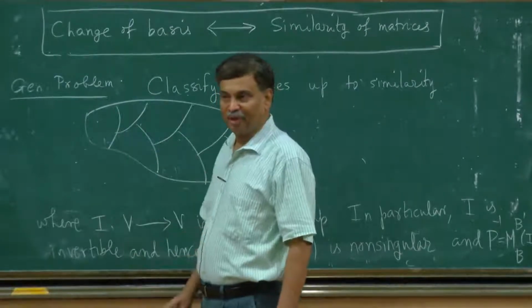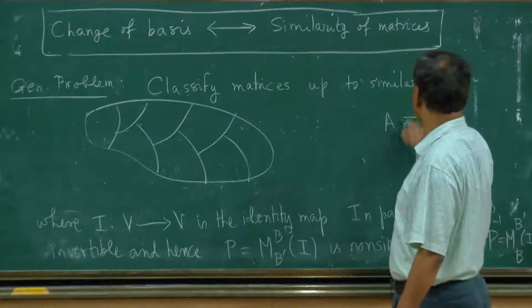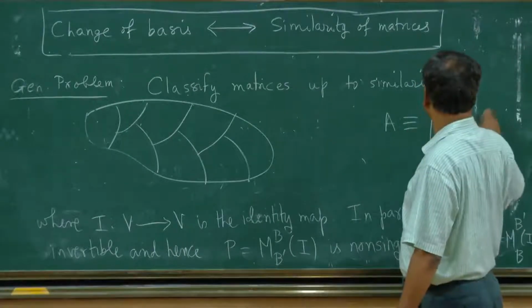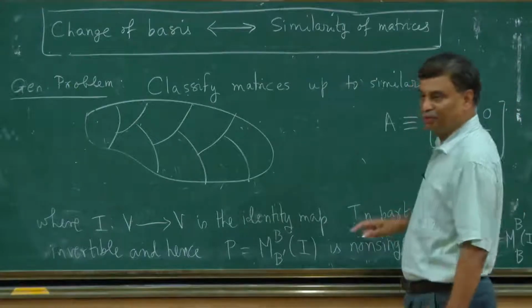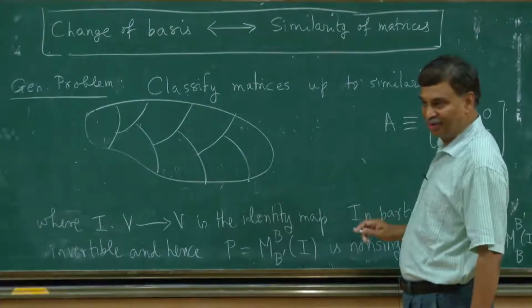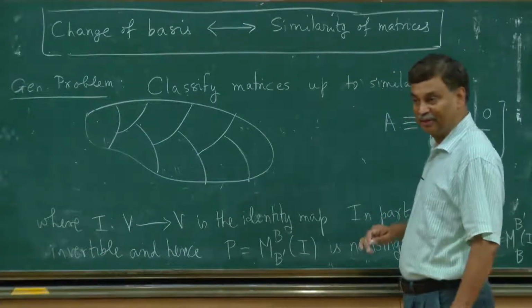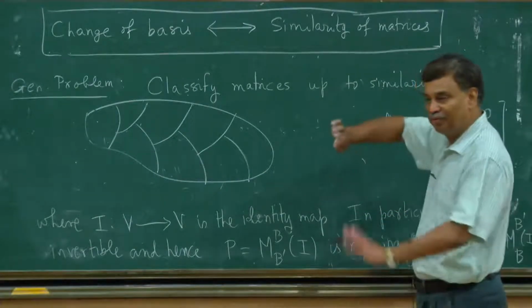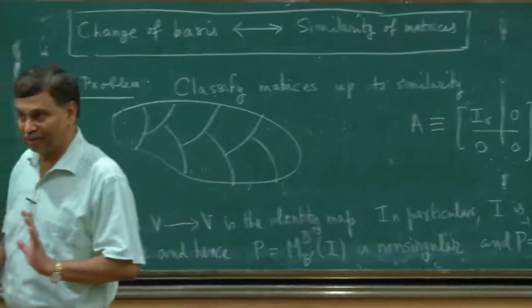We showed that every m cross n matrix is equivalent to an identity of some size, and then blocks of zeros everywhere. So there were finitely many blocks which divided the space of rectangular matrices up to equivalence.